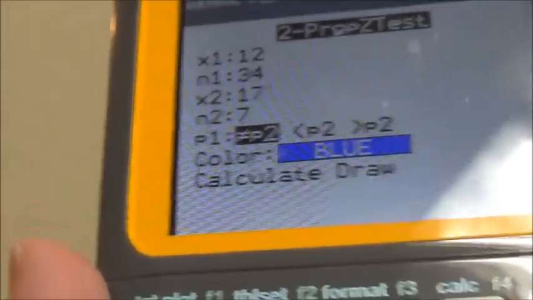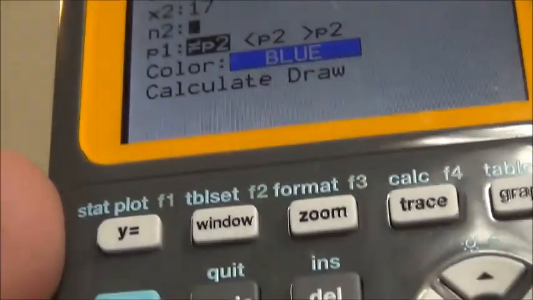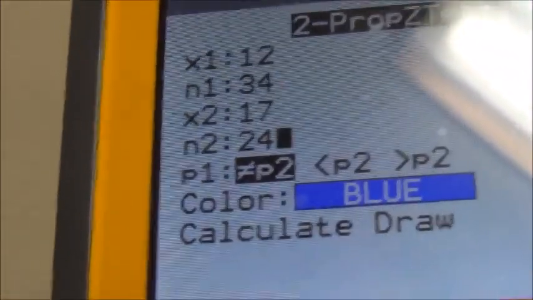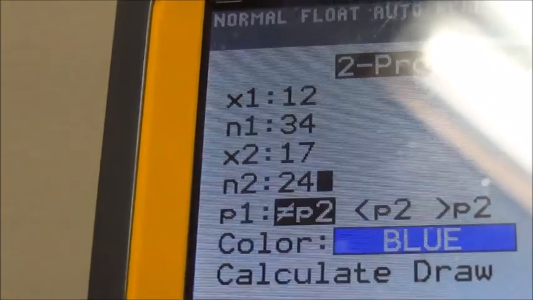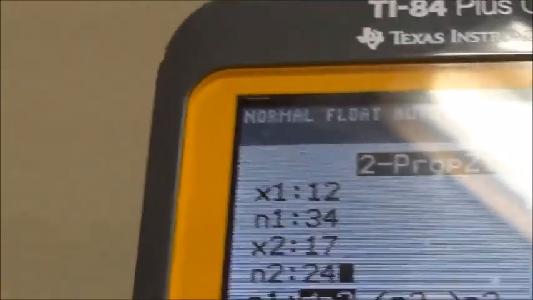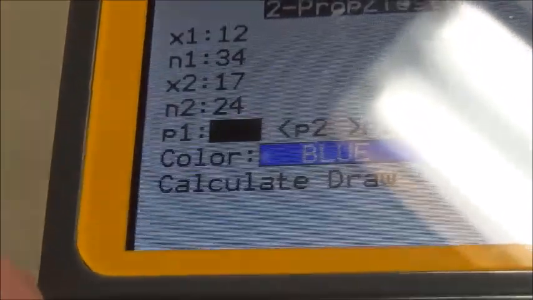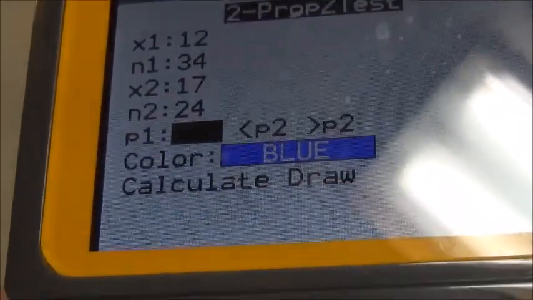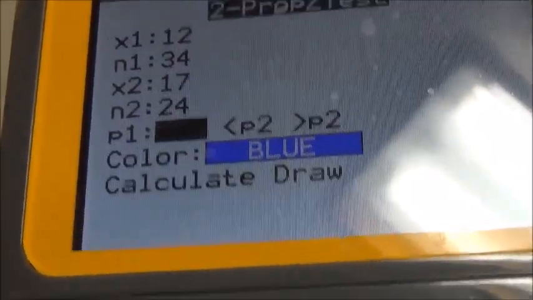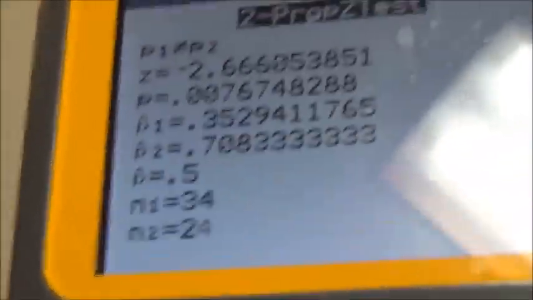So my X2 is the 17. My N2 is the 24, 17 out of 24. Again, we're checking if there's no difference. So our alternative hypothesis is the not equal. If it's not highlighted, highlight it and enter, then go down to calculate.